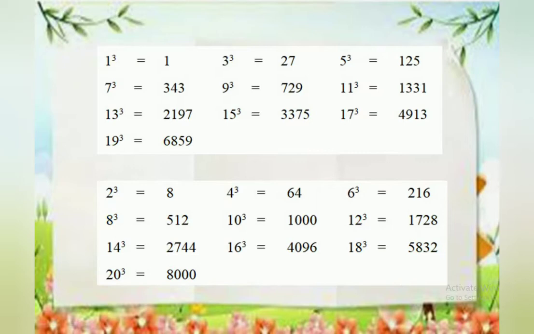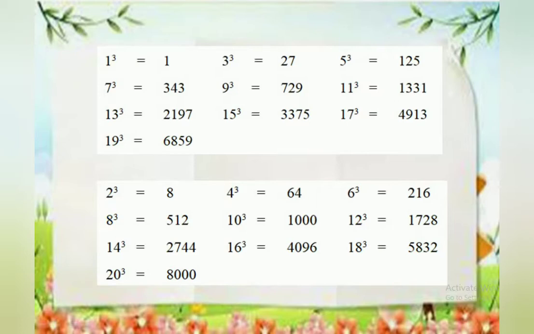What did you understand from here? In the first table, I considered only odd numbers. The cubes of odd numbers are also odd. What about the second table? There I considered only even numbers.